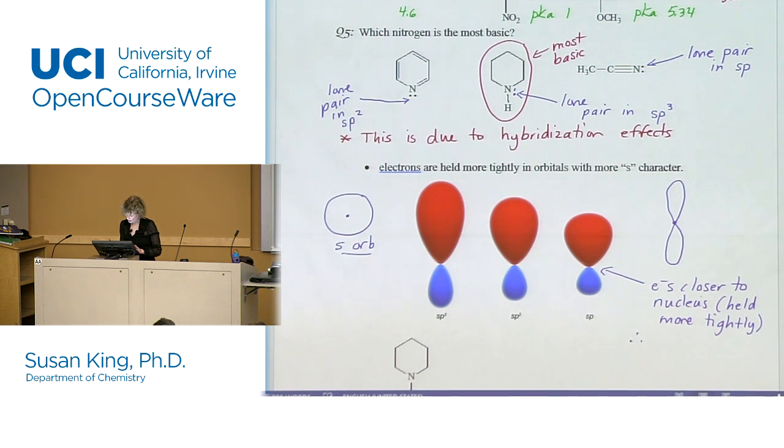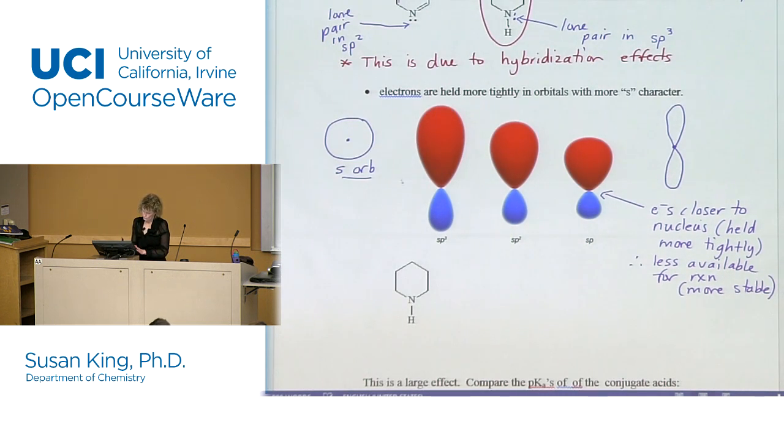Less available for reaction. A couple ways of saying this: less available for reaction, more stable. Over here, electrons are farther from the nucleus.